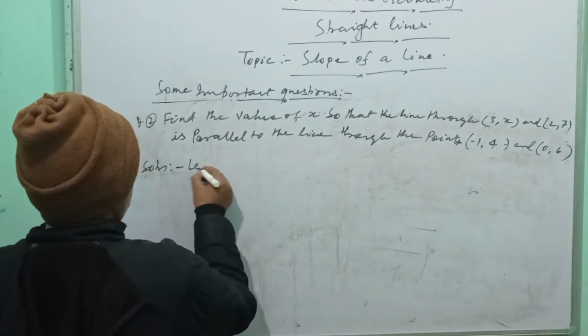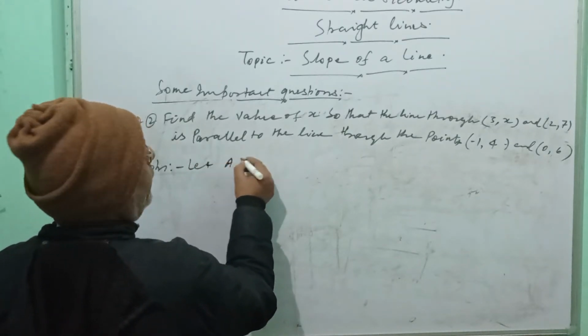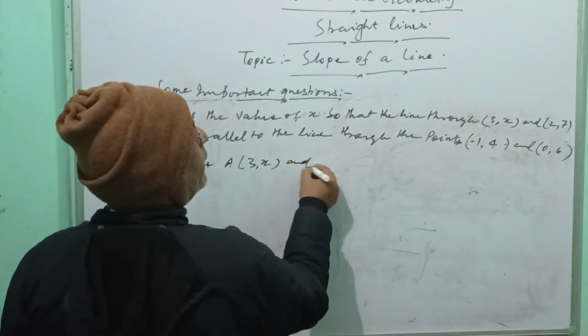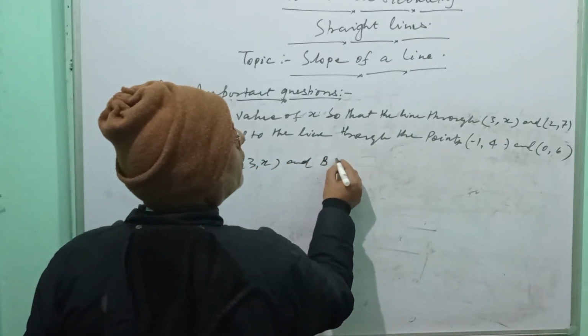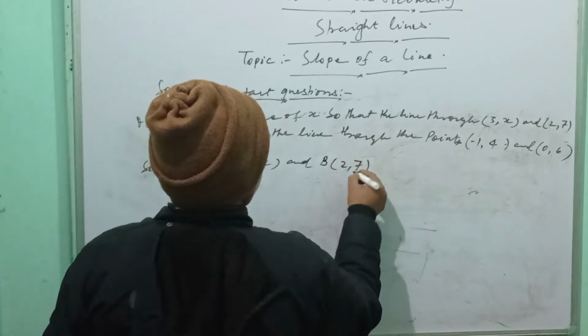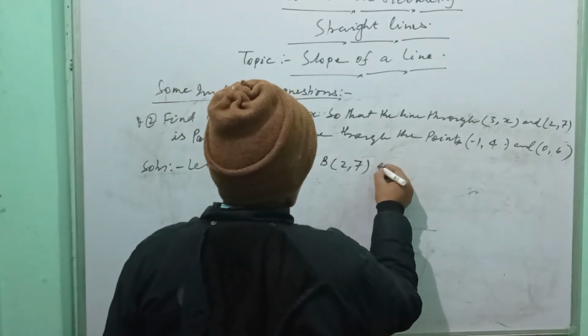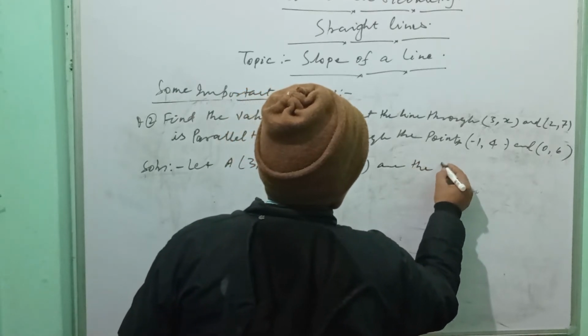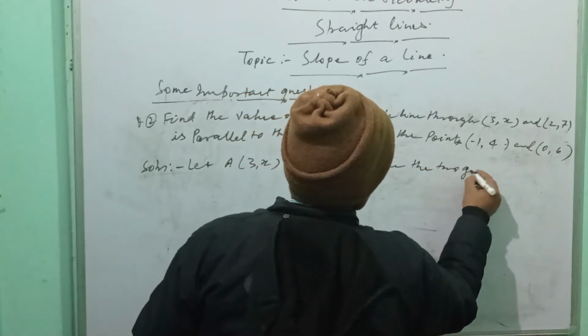Let A (3, x) and B (2, 7) are the two given points.